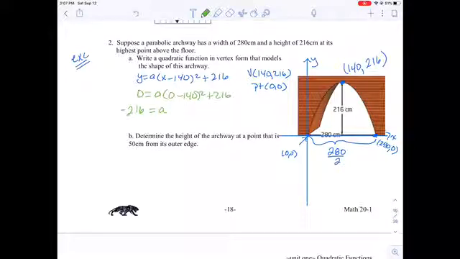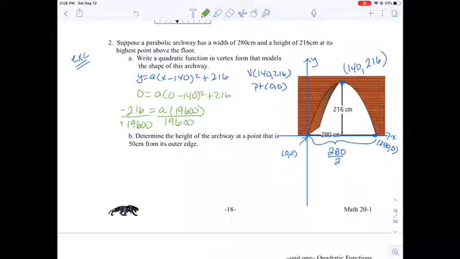Negative 140 all squared is 19,600. Then I divide both sides by that, so that's a positive 19,600.